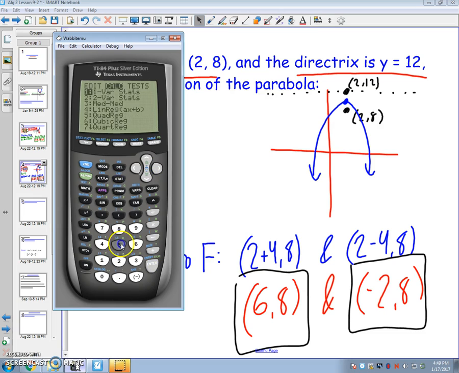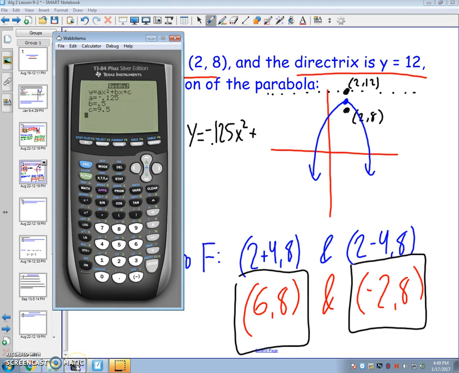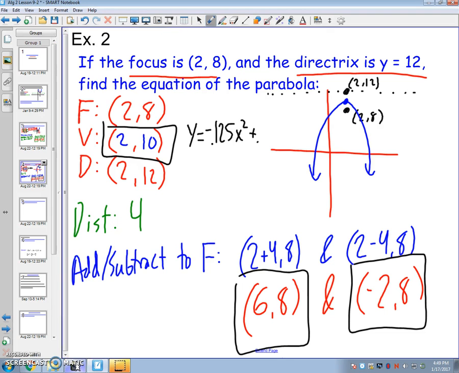Stat, calc 5, there it is. So my final answer is y equals negative 0.125 x squared plus 0.5x plus 9.5. That's my answer.